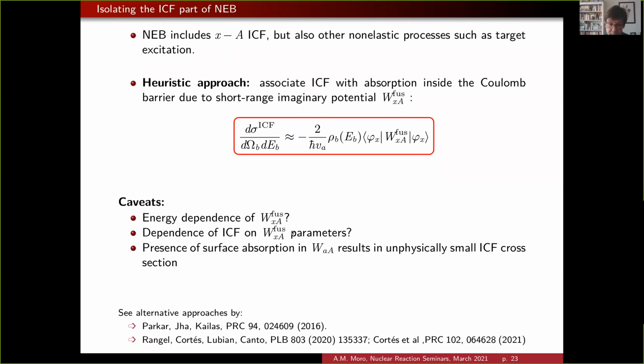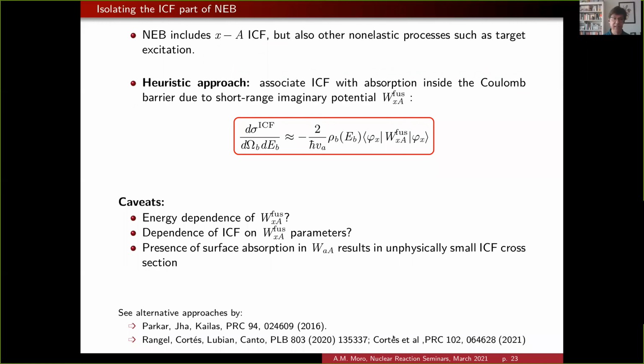In principle this should happen if we take it to be sufficiently absorptive. And also, as was emphasized last week, we have to remove any surface imaginary potential in this XA system, because otherwise this surface potential tends to get most of the cross-section, so we don't get realistic cross-sections. This use of a short-range potential for the computation of incomplete fusion has been used by other groups, and these two works correspond to what was presented last week.